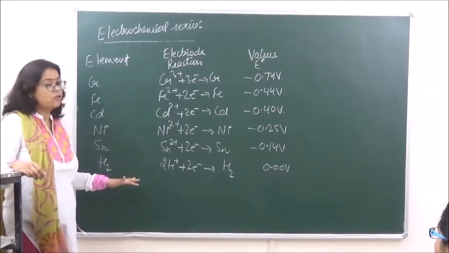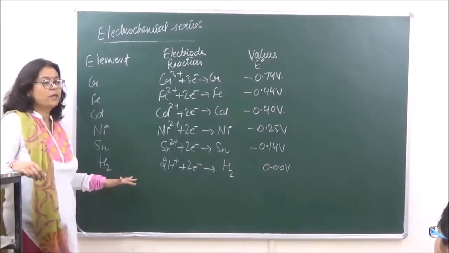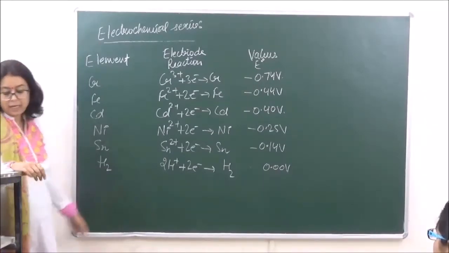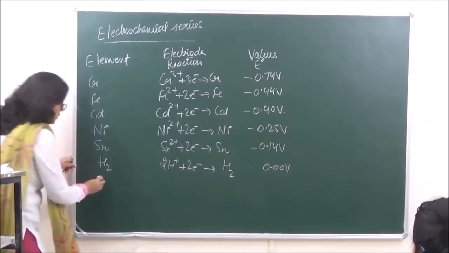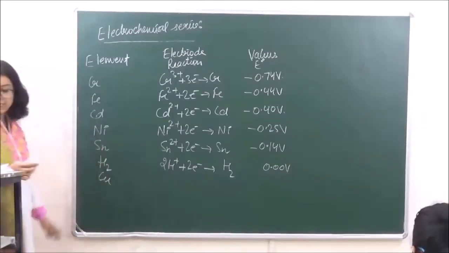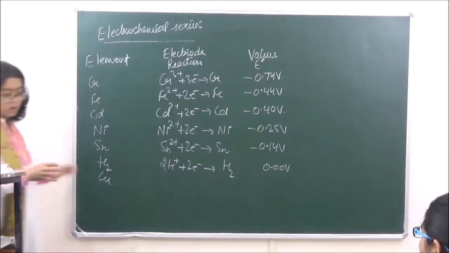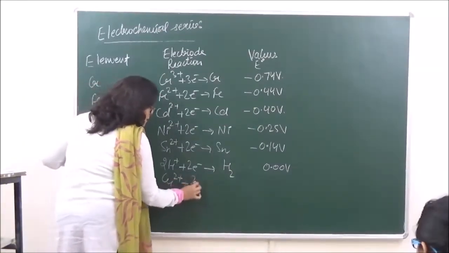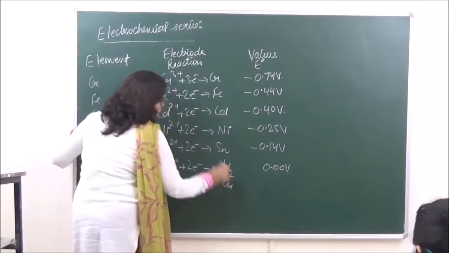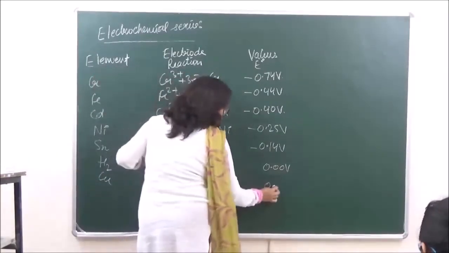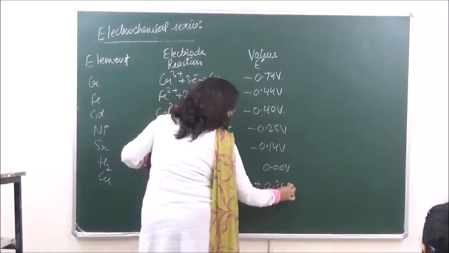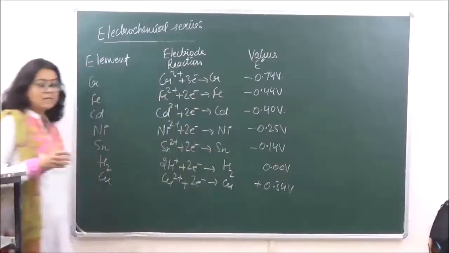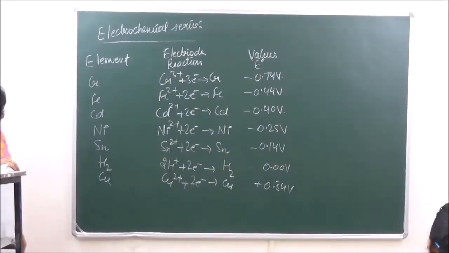After hydrogen, the positive values of reduction potentials begin. After hydrogen is copper. You will also see the change in signs. Here the value is plus 0.34.